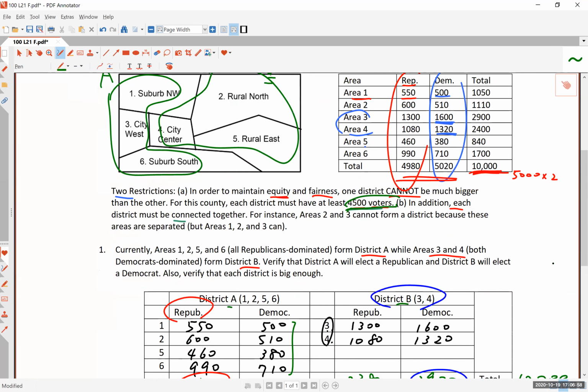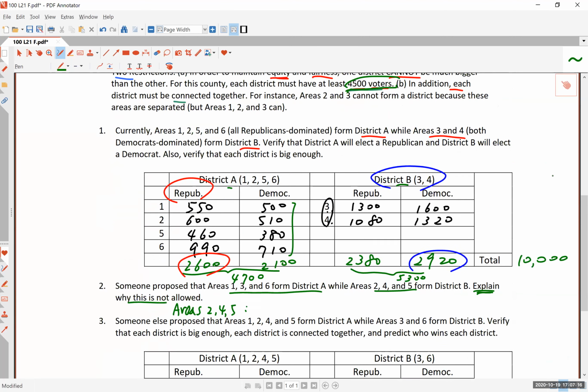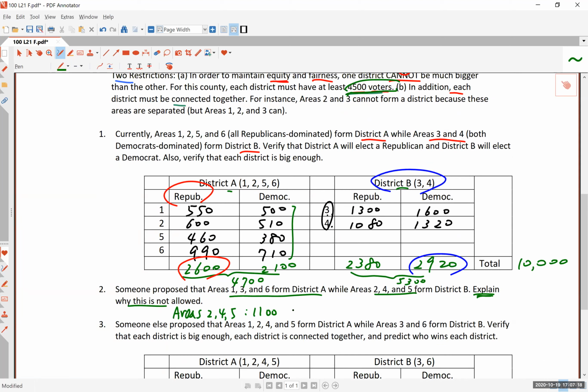2, 4, and 5. So all you have to do is just add up the numbers in 2, 4, and 5. The areas 2, 4, and 5 would have, and I have the numbers here, 1,110 plus 2,400 plus 840.